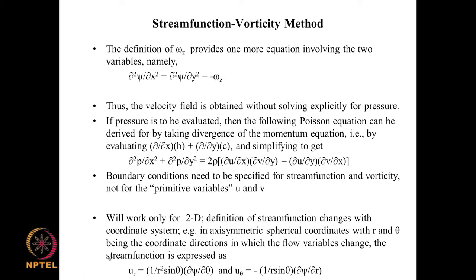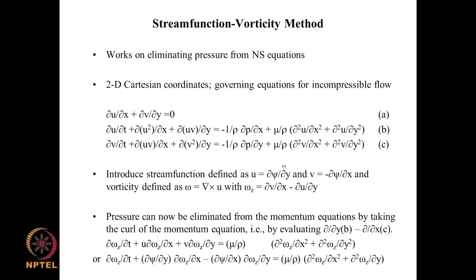Another disadvantage is that this will work only for 2D, because only for 2D can we come up with a definition of stream function which is given by this. And this definition here is valid only for 2D Cartesian coordinates, in which u and v are non-zero and w is 0.